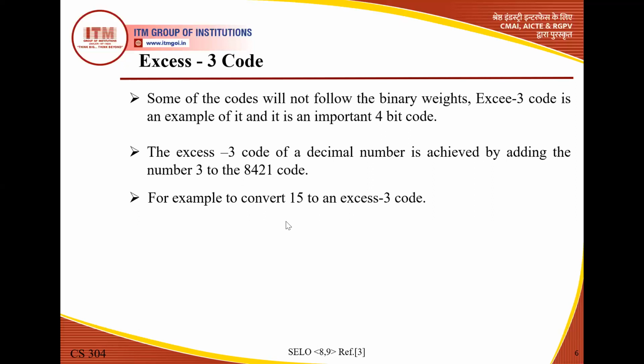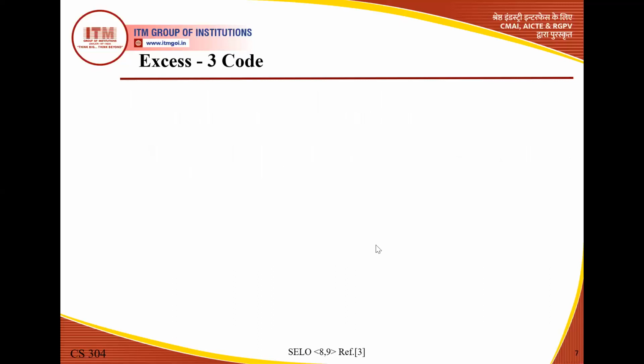For example, to convert 15 to an Excess-3 code, we add 3 to each digit. 5 plus 3 gives 8, 1 plus 3 gives 4. How we can do this is discussed in this slide.